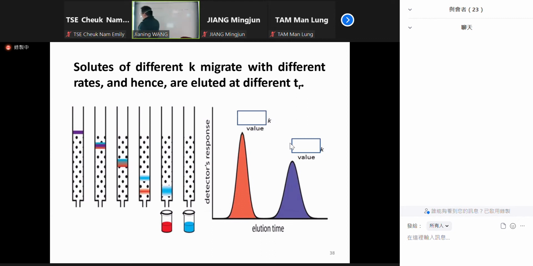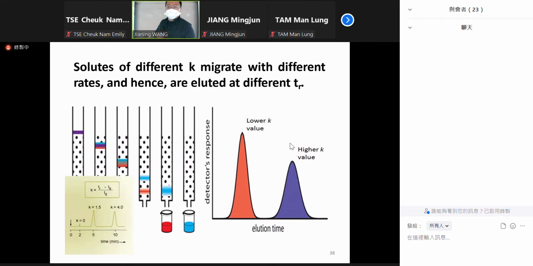Based on the definition of the retention factor, we can easily calculate the k, and we can know that a longer elution time, or retention time, corresponds to a higher k value. This is the definition, right? So we can get the k value easily from the spectrum.